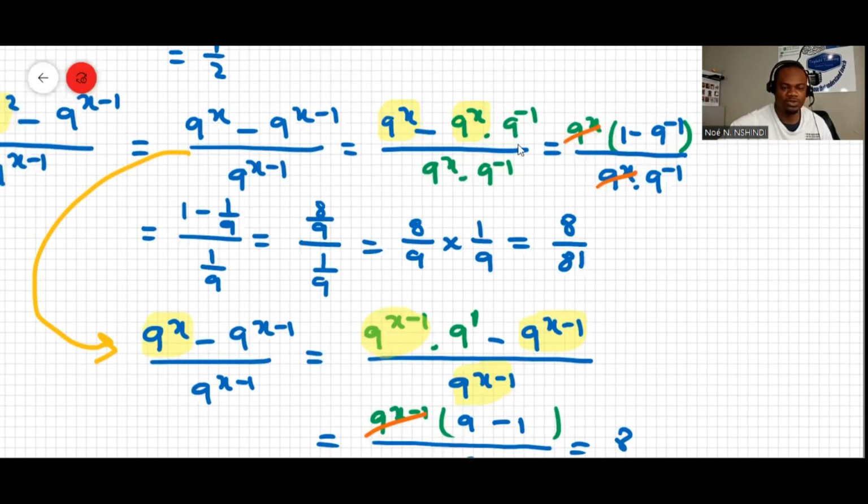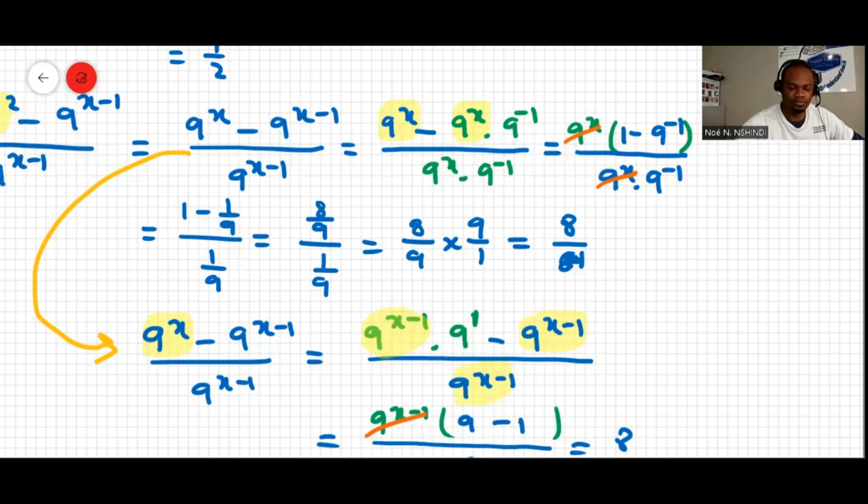When we break this into 2, we have 9 to the x times 9 to the negative 1, and then we simplify this, and it's 1 minus 1 over 9, and that will be 8 over 9. And oh yeah, that was a mistake. We multiply by the inverse of the other fraction, not by 1 over 9, but by 9 over 1. And then the answer is just 8.